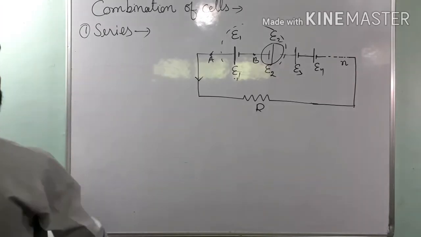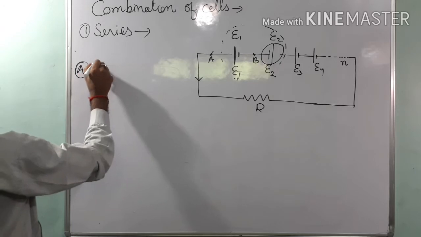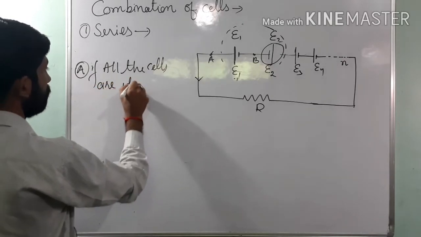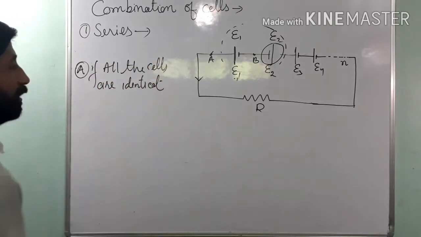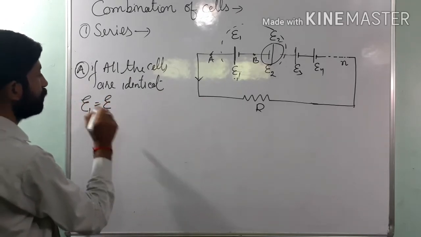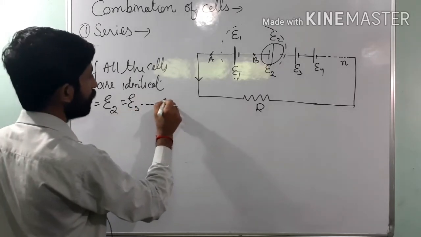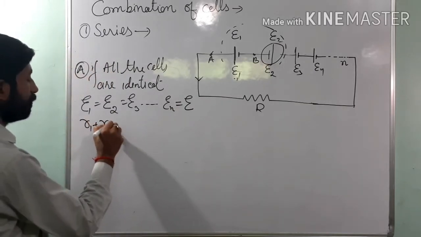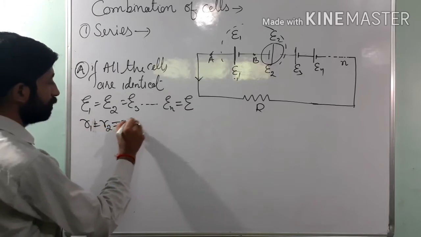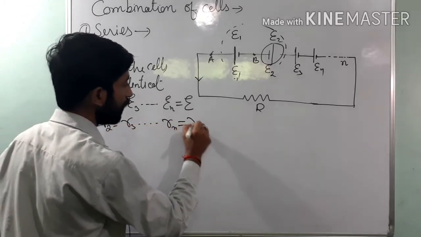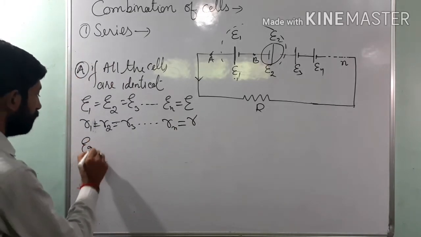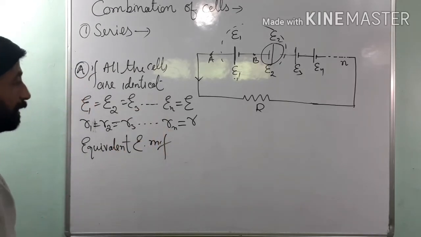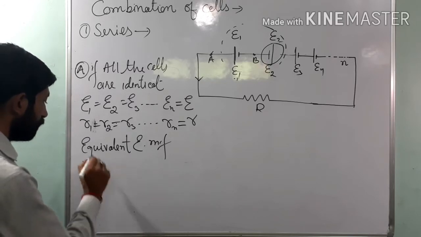Fine. One special case, if all the cells are identical, that is E1 equals E2 equals E3 equals En, all having value E, and R1 equals R2 equals R3, they all equal R. Then the equivalent EMF becomes equal to how much?